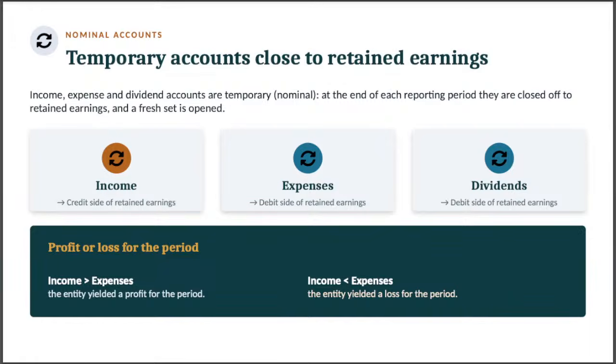All right, so temporary accounts close to retained earnings. Let's look at income, expense, and dividend accounts as temporary, nominal. At the end of each reporting period, they are closed off to retained earnings, and a fresh set is opened. So this is interesting here.